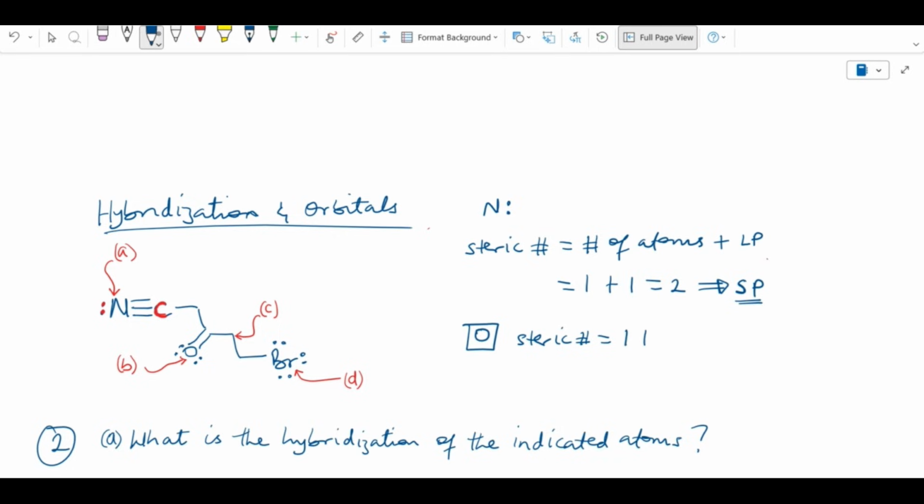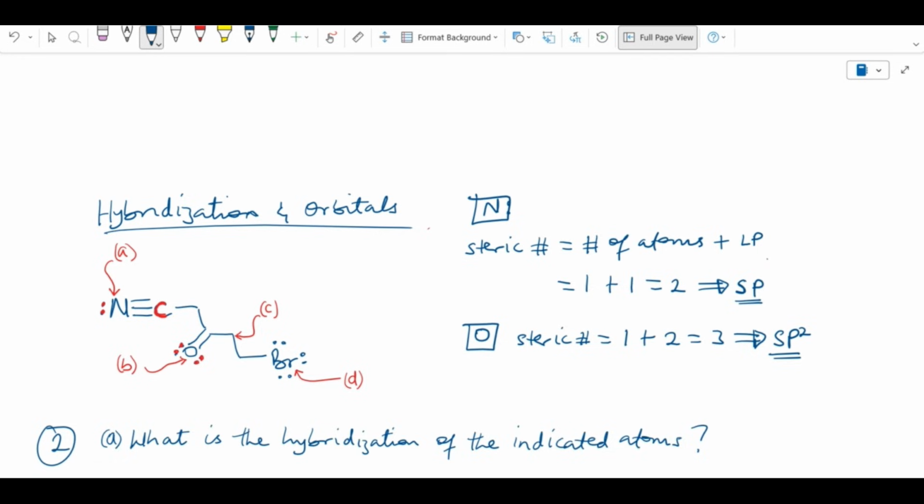So we're going to have 1 plus the number of lone pairs. The oxygen has 2 lone pairs. So you're going to have 1 plus 2, which is equal to 3. If the VSEPR number is 3, then you're going to have sp2. Therefore, the hybridization of the oxygen atom is going to be sp2.